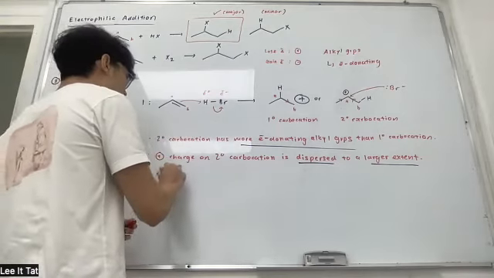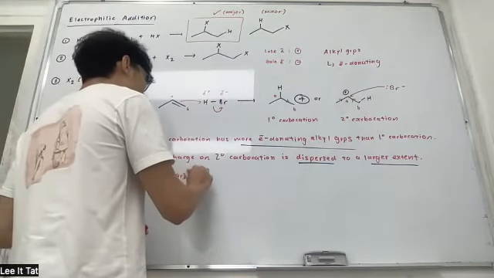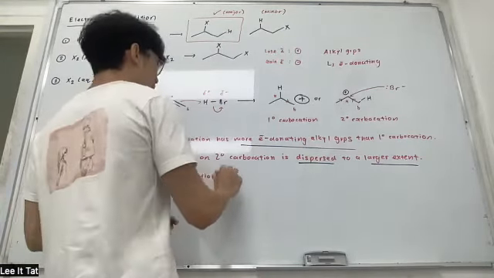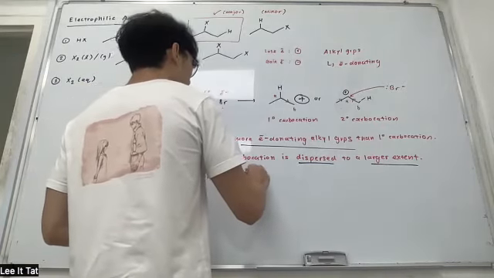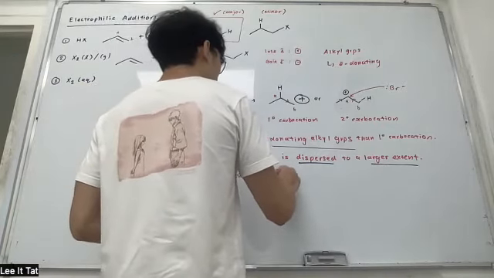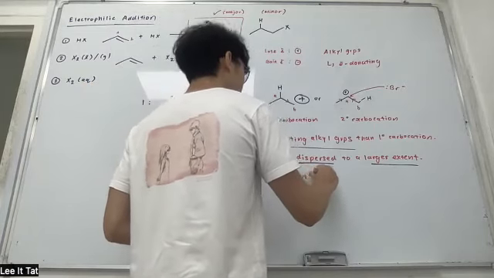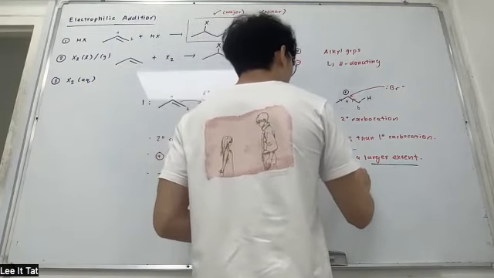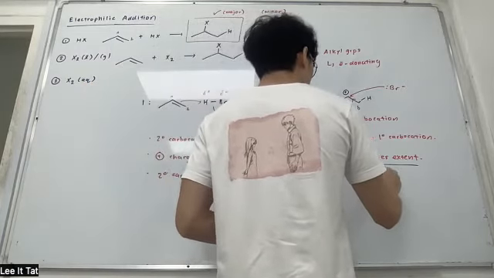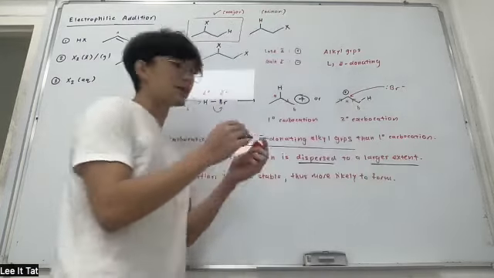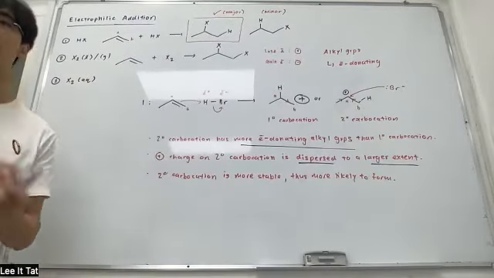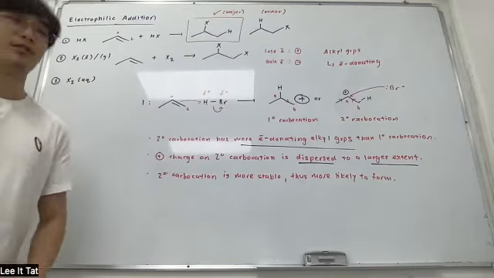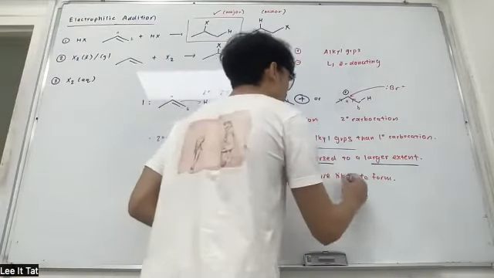Same idea over here. Secondary carbocation is more stable and thus more likely to form. Remember the fundamentals of chemistry: something that is more stable will be more likely to form. That's just a fact. Okay, so that's what we are seeking to explain here.